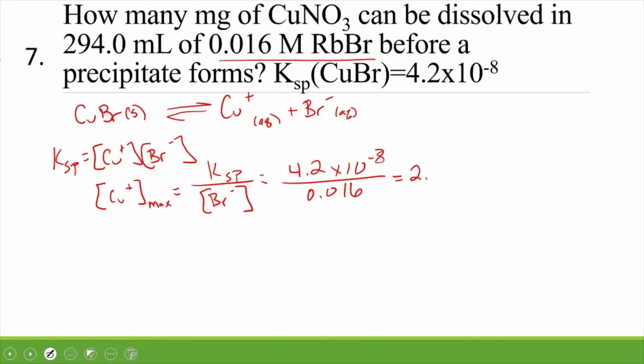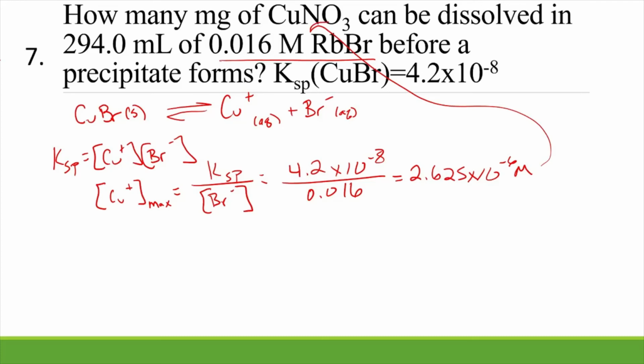And so that is 2.625 times 10 to the negative 6 molar, and that is for copper. And so this is our molarity of copper, which we can use for our concentration of copper nitrate.